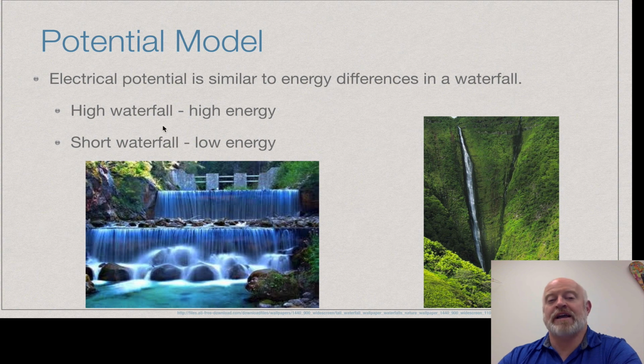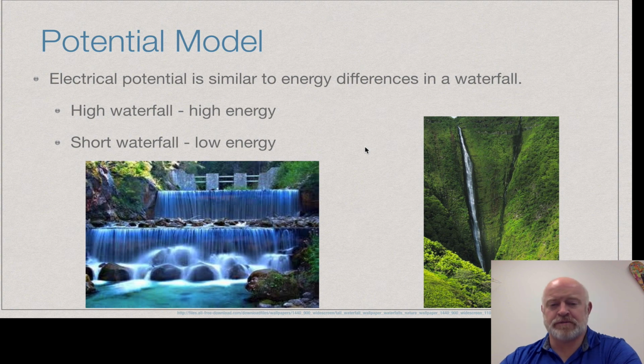They start off with high energy, at the top of the waterfall, and as they fall, they lose their electrical energy to the device, and at the bottom, they don't have that anymore. A tall waterfall is like having lots of electric potential, versus a short waterfall having low potential, or high energy versus low energy. It's just a way for us to visualize electric potential, because electrons are not something that we can visualize very well.